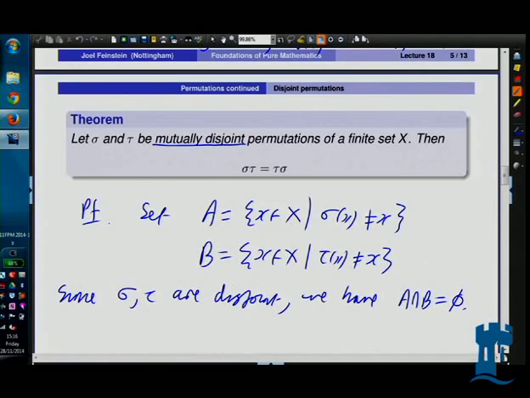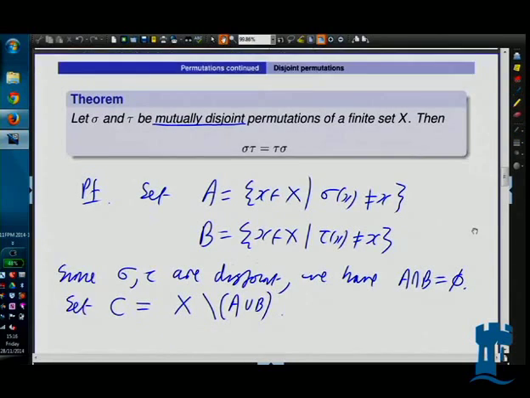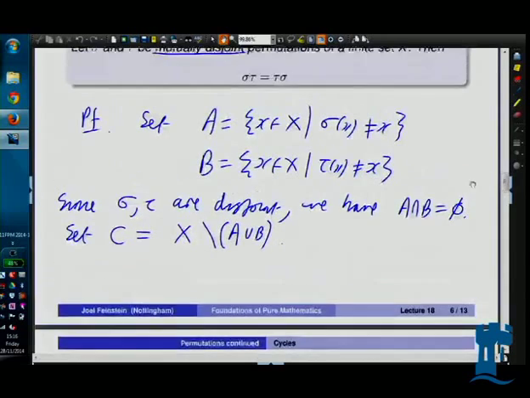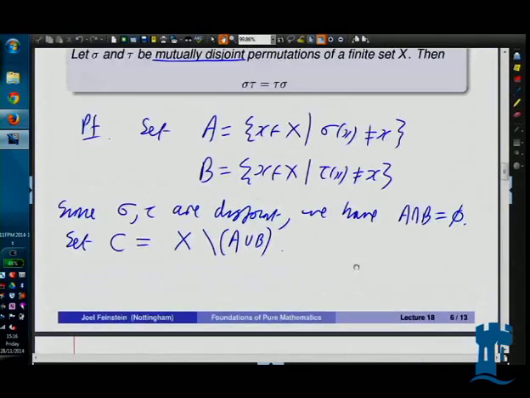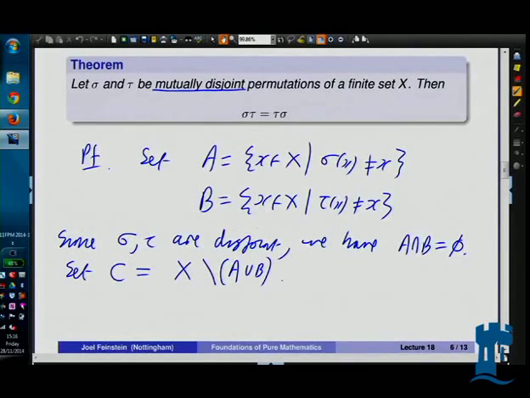We may need the rest of the set as well. Set C equal to X take away the union A union B. So X is the pairwise disjoint union of these three sets.